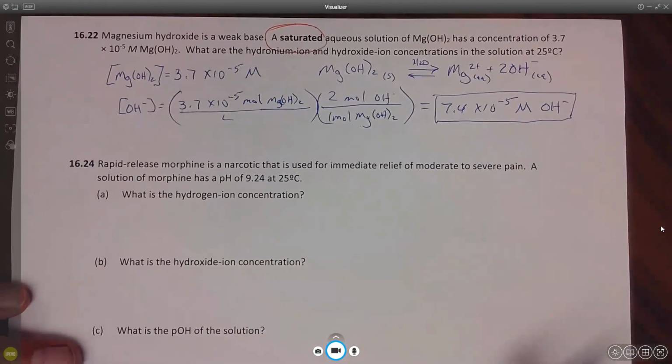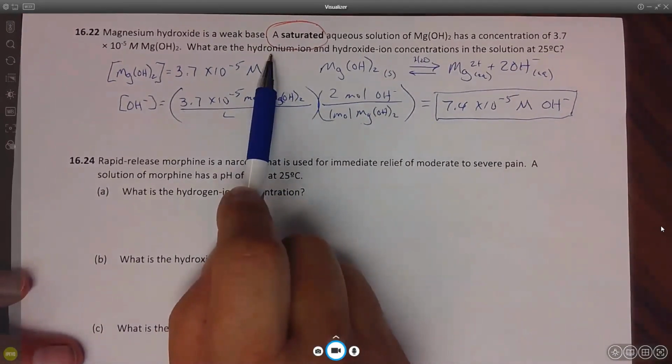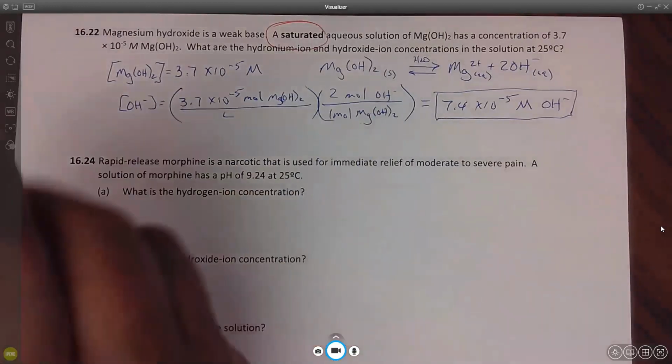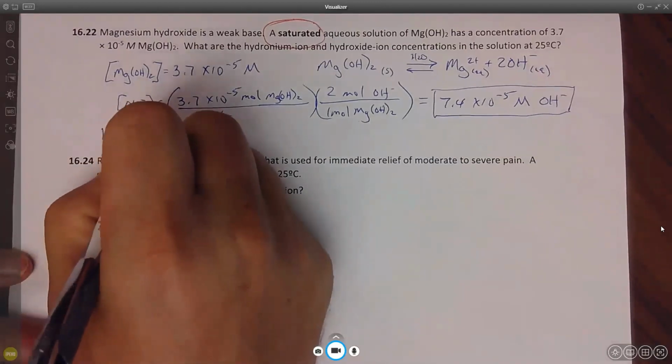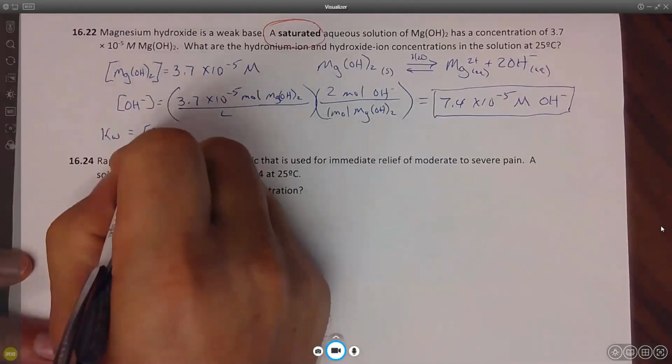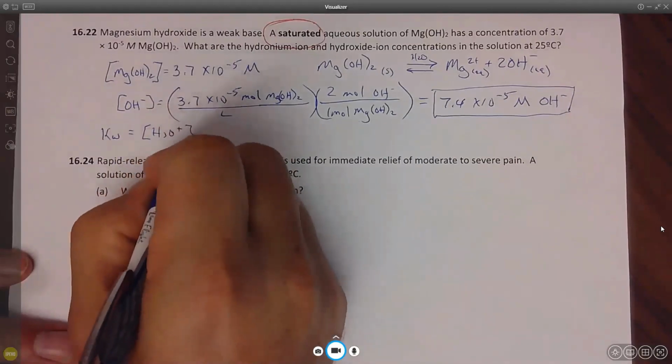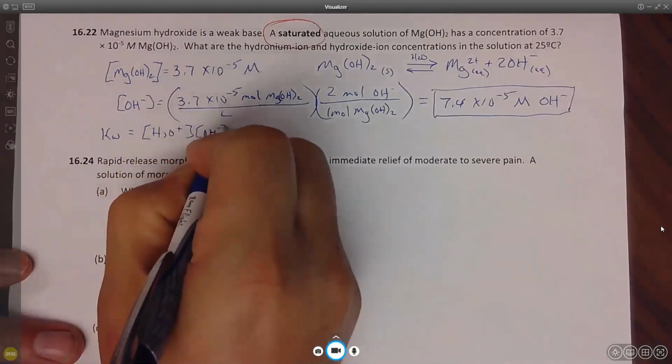Now it also wants the hydronium or hydrogen ion, right? Again, we've used them interchangeably. So we know the relationship is that Kw is equal to the hydronium ion concentration times the hydroxide ion concentration.